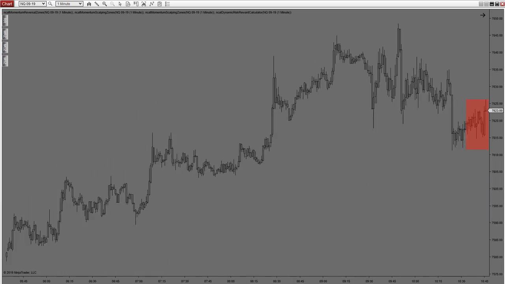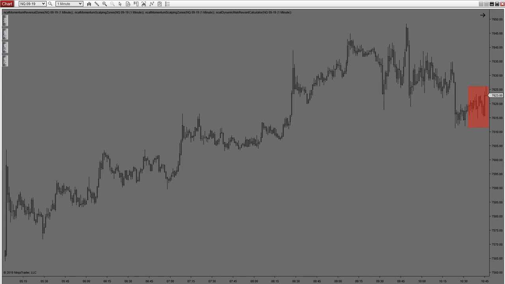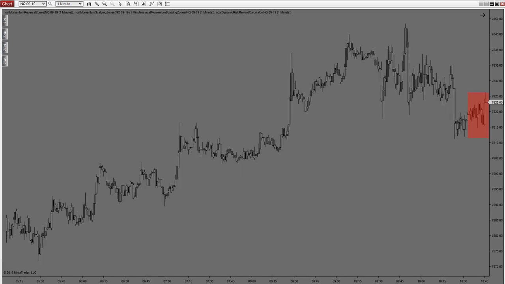Same as with the tool before, we can use the risk reward calculator to get a very good estimate of where our risk and reward shall be. We'll just draw this and move it over here. So our entry would be at the blue line here, and our stop would be the red line here.